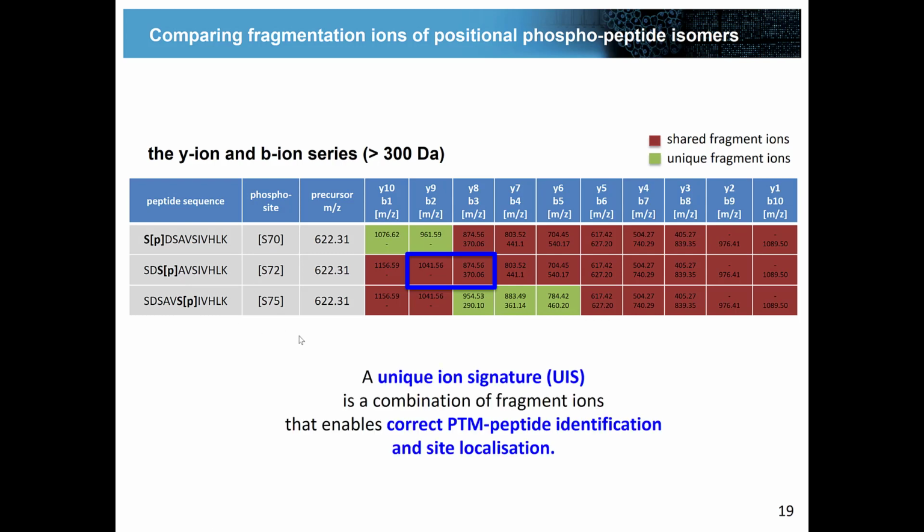And that's what I will call in the rest of the lecture a unique ion signature. Unique ion signatures are combinations of fragment ions that enable the correct PTM site localization. Depending on the sequence, on how many serines or other phosphorylatable amino acids there are and how close they are, a unique ion signature can be only one transition, or it can be several.